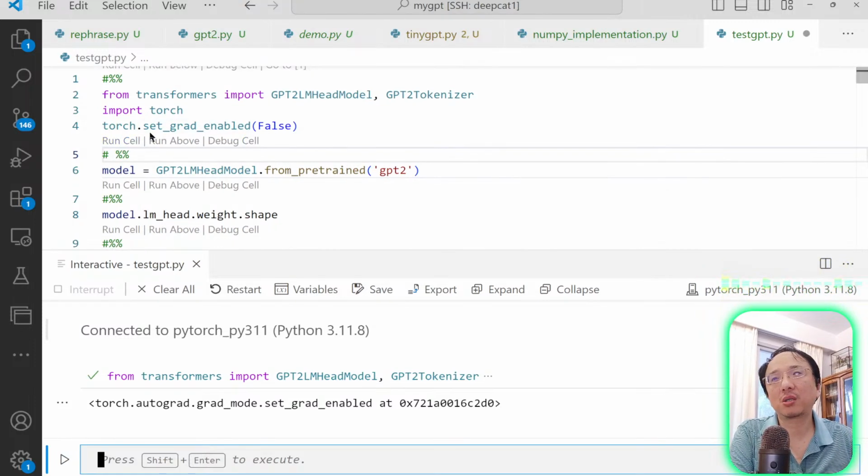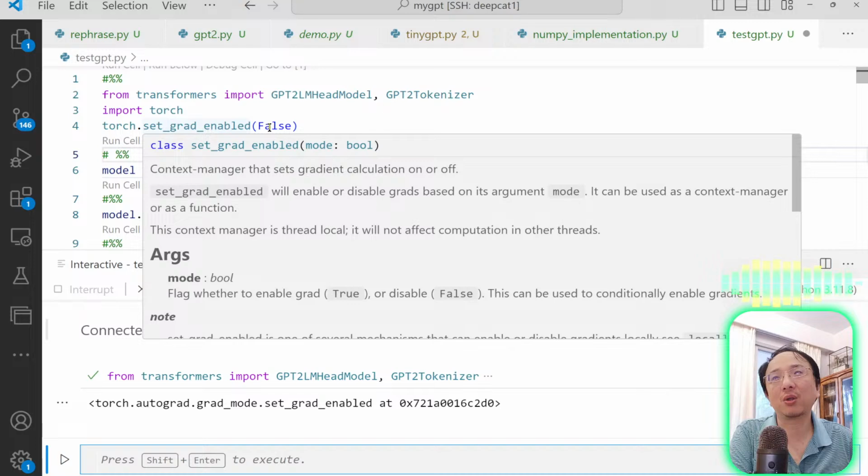I use torch to disable the gradient here.